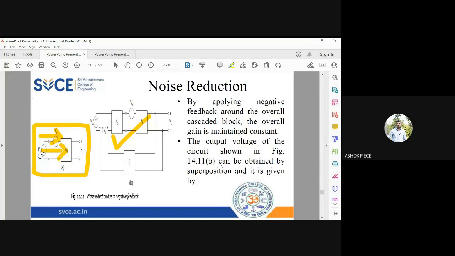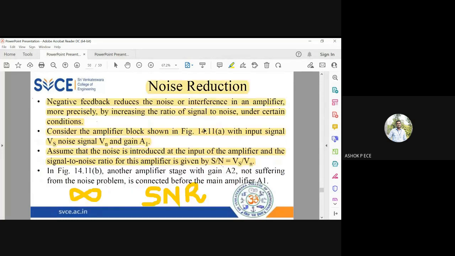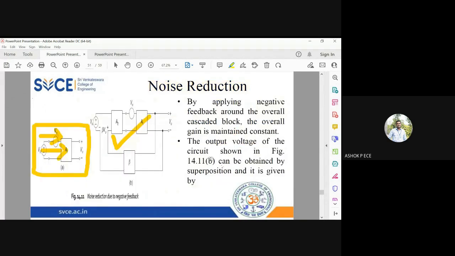So I can write SNR equal to Vs by Vn. You have several SNRs, input SNR and output SNR. So a lot of things are there. Here I am going to consider input SNR. In the first diagram, the input signal to the amplifier is Vs, the input noise to the amplifier is Vn. So the input SNR is Vs by Vn.